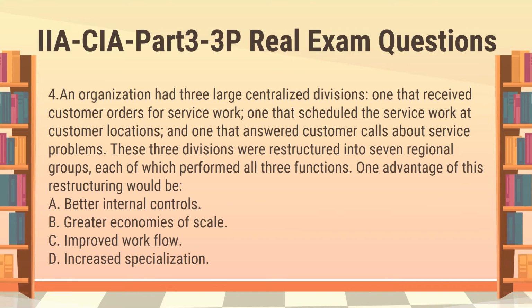4. An organization had 3 large centralized divisions. One that received customer orders for service work, one that scheduled the service work at customer locations, and one that answered customer calls about service problems. These 3 divisions were restructured into 7 regional groups, each of which performed all 3 functions.